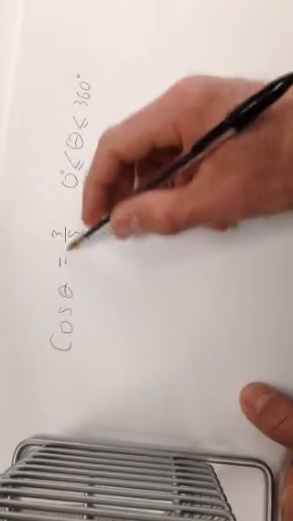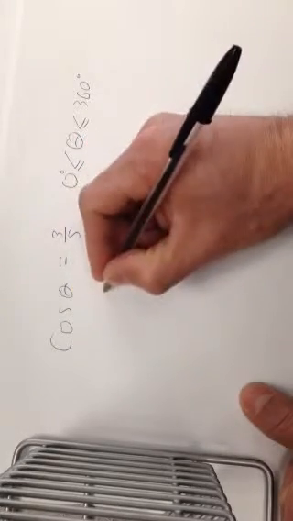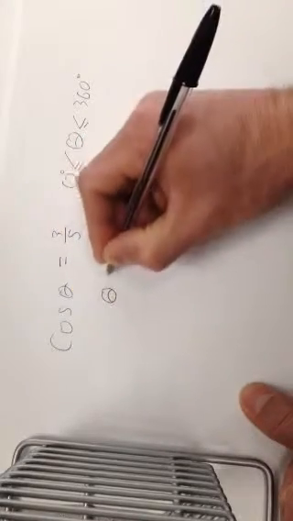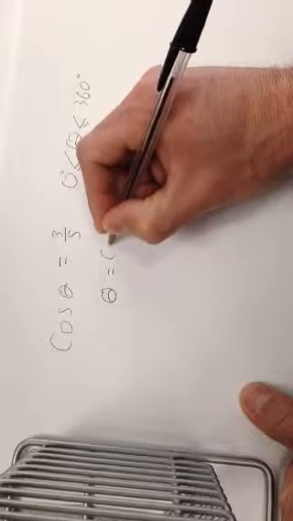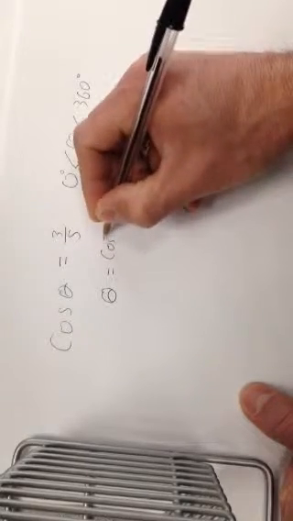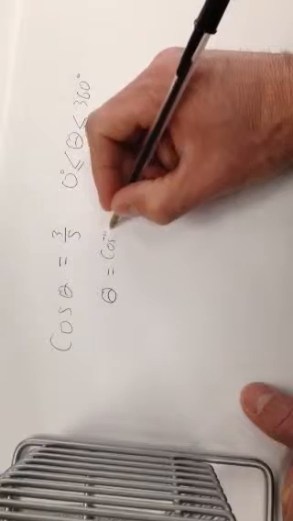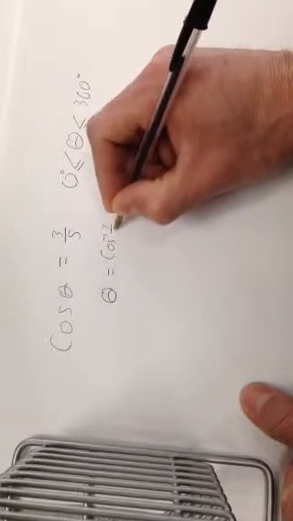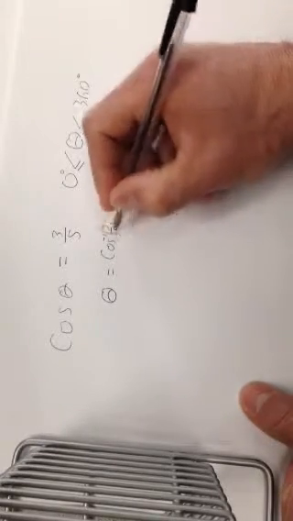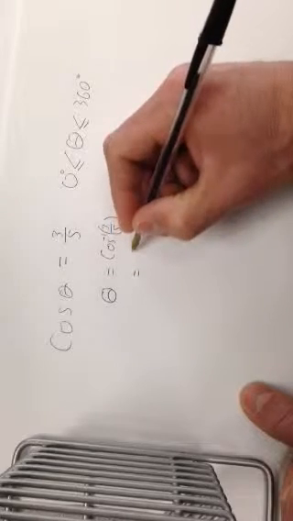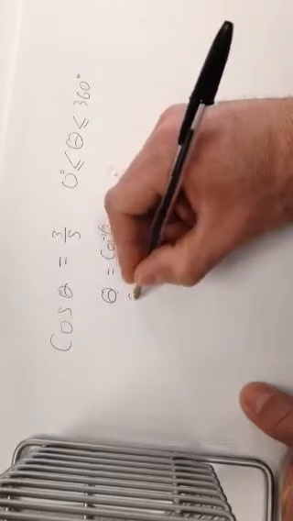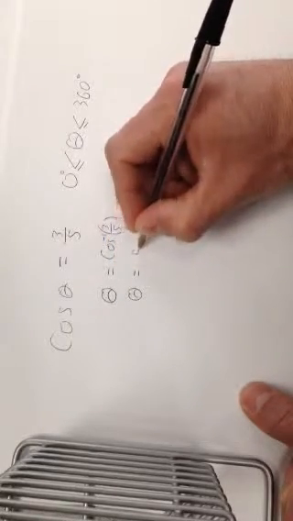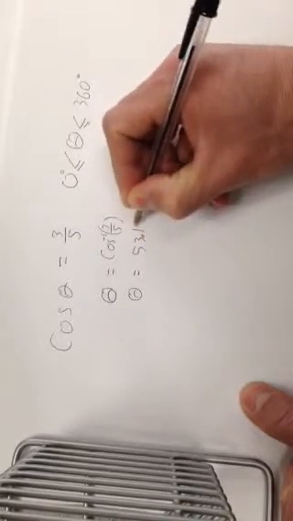If the cosine of theta is 3 over 5, that means that theta is the inverse cosine, actually pronounced arc cos, the arc cosine of 3 over 5. And you can verify this with your calculator. That says that theta is 53.1 degrees.